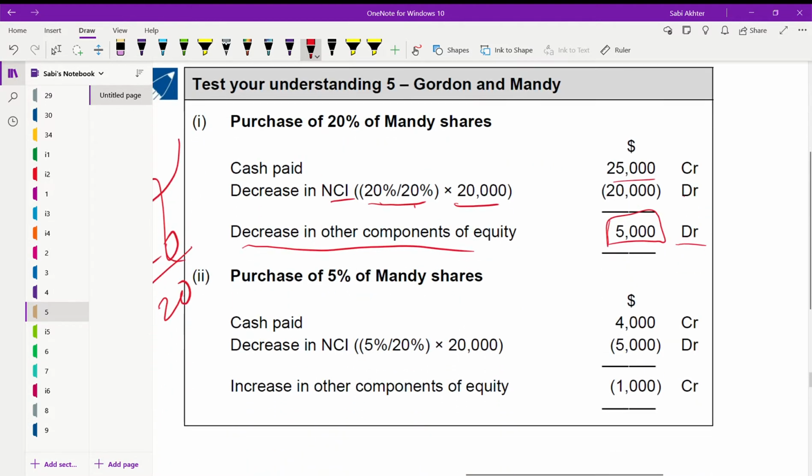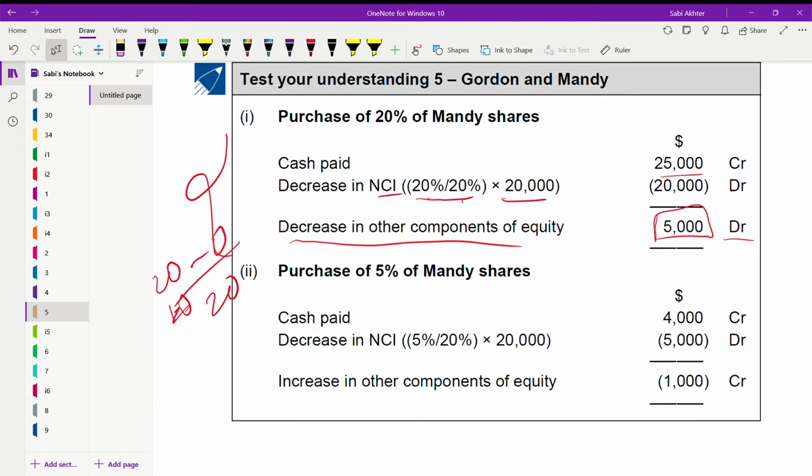Come into this one. You have bought it for 4,000 is credit, and here the change is 5% only over 20, because initial NCI is 20%, old NCI into 20,000. So 5,000. Here it's an increase in other components of equity because it's 1,000. Even though it's in bracket, don't go by the bracket sign, okay? Because the cash paid is less than that decrease in NCI. So it's 1,000 credit and it's an increase in other components of equity.